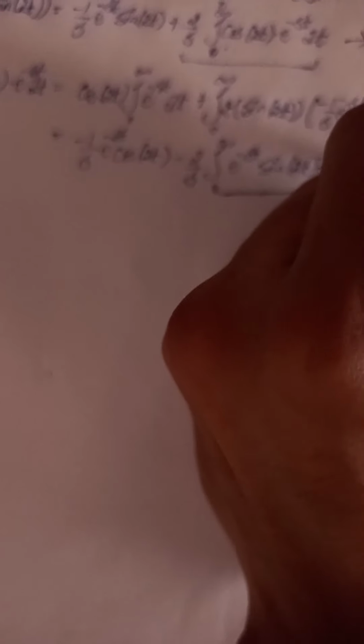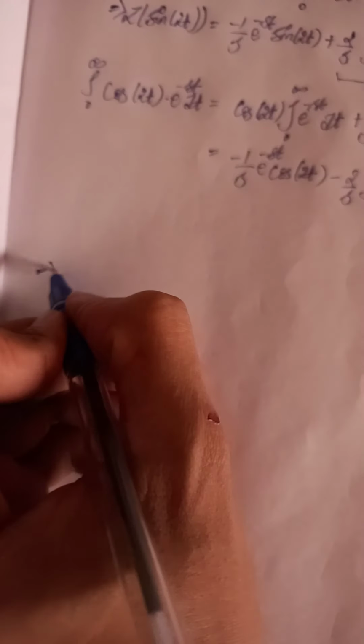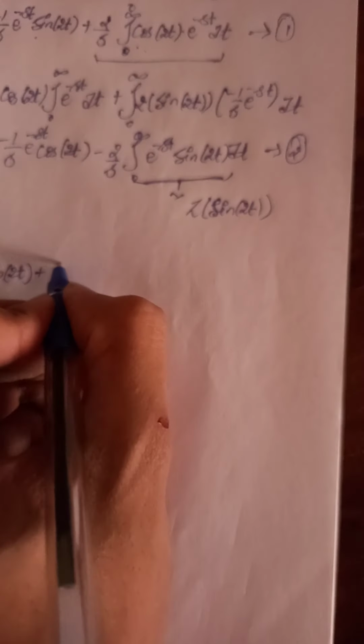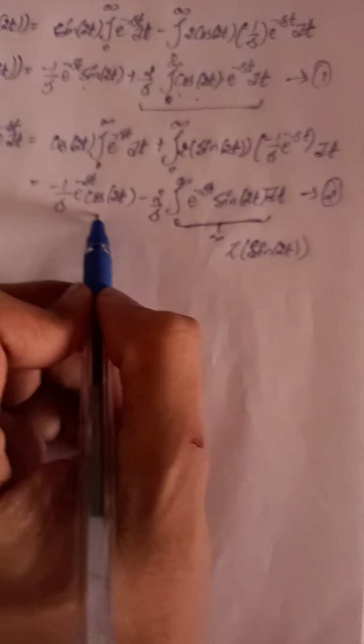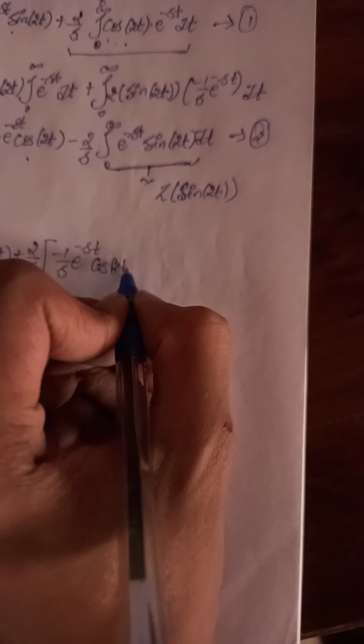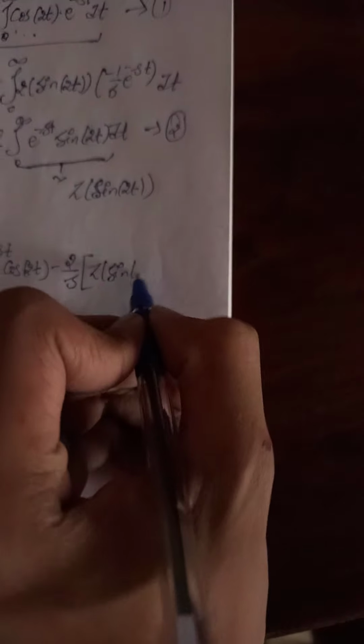So firstly, substituting this equation 2 into the equation for Laplace of sine 2t, we get Laplace of sine 2t equals minus 1 by s e power minus st sine 2t, plus 2 by s, this has been solved, minus 1 by s e power minus st cos 2t, minus 2 by s into Laplace of sine 2t.